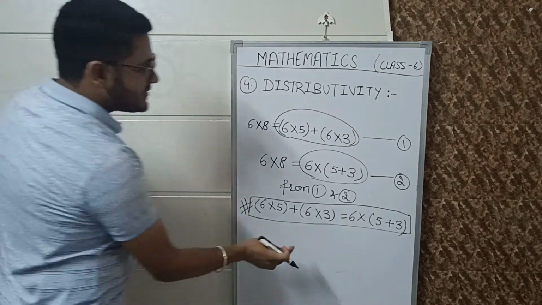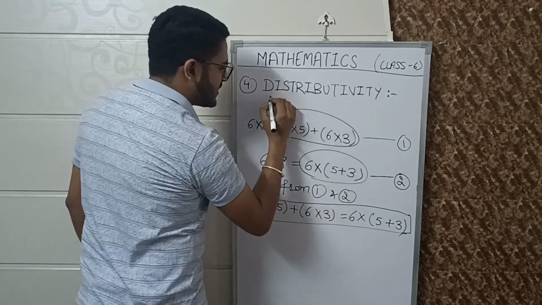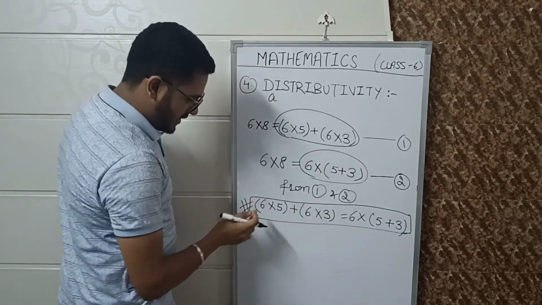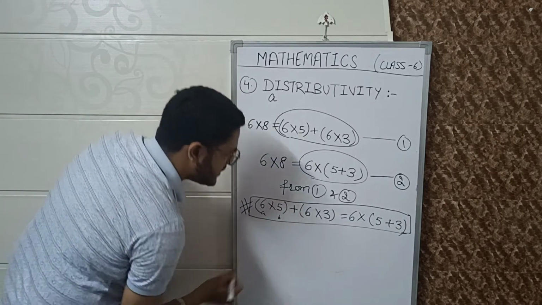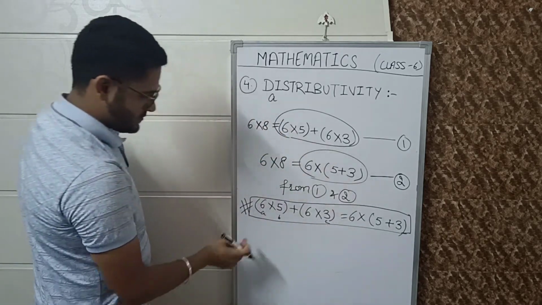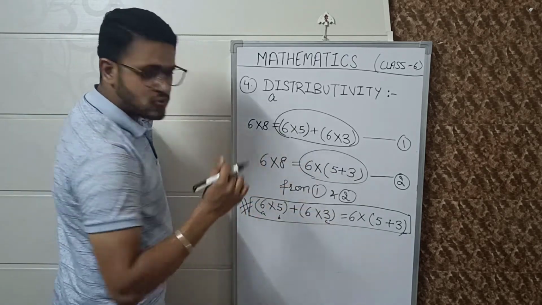So in general, if I want to write the distributive property, it can be written as: let it be A, B and C, right? A equal to 6, B equal to 5 and C equal to 3.